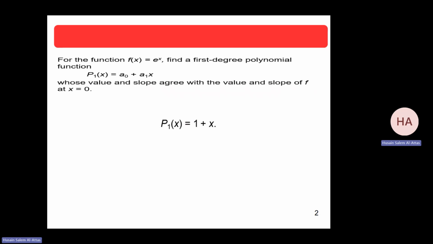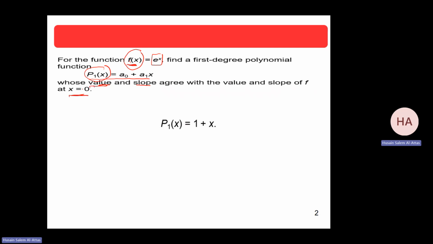Okay. So if I have a function, what's mainly the idea? I want to approximate any function by polynomials. So if I want to find the first degree polynomial, whose value and slope agree with the function, I want the polynomial and the function both to agree about their value.